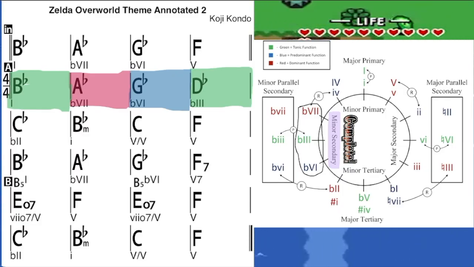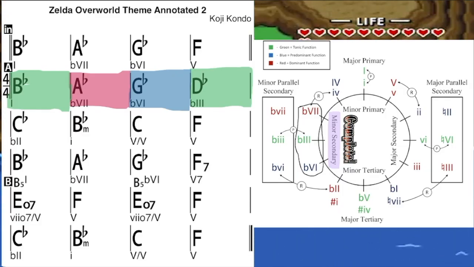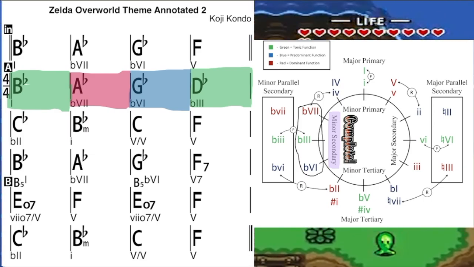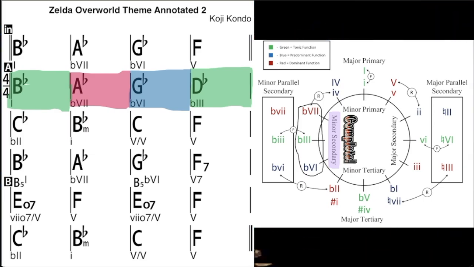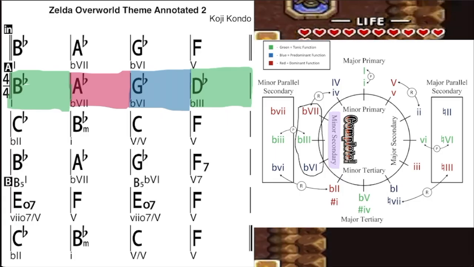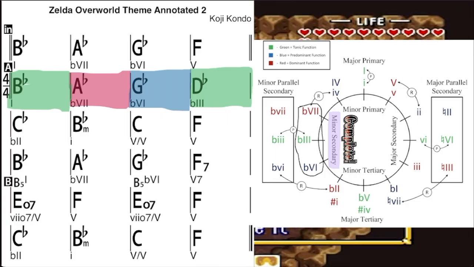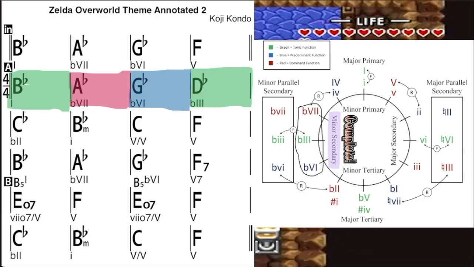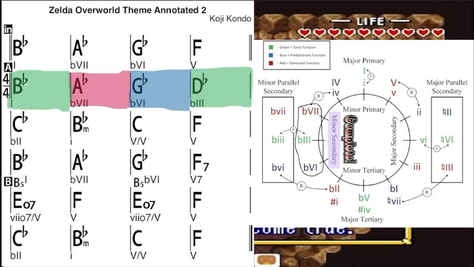So why does that sound sweet? It's because we have every single one of the minor secondary chords. Because of how relative keys work, if you have every single one of the minor secondary chords, it usually causes the phrase to sound rather sweet.